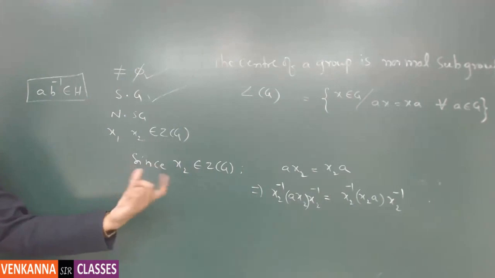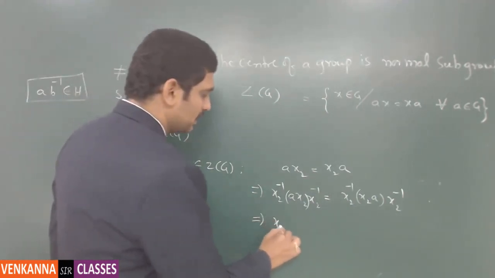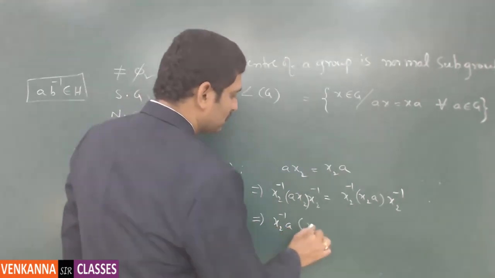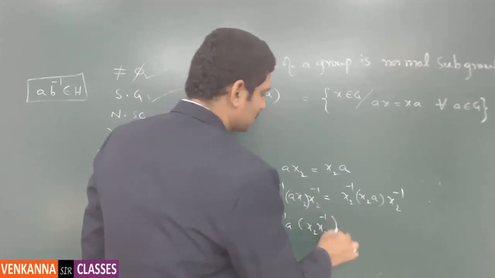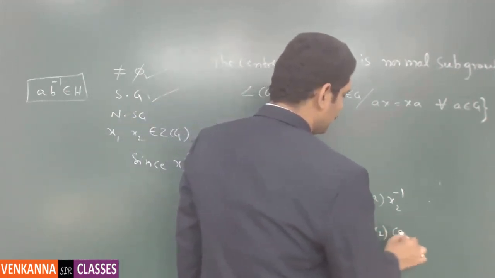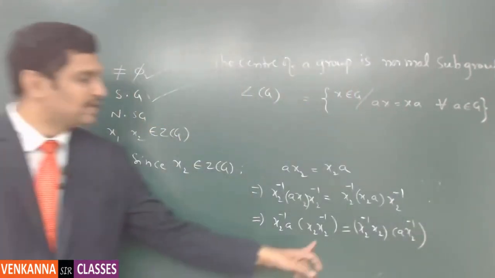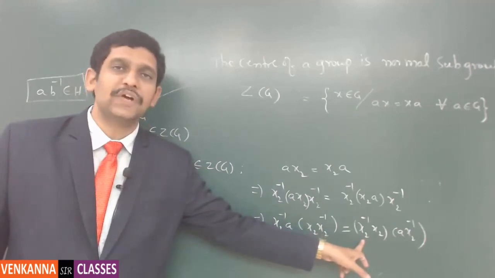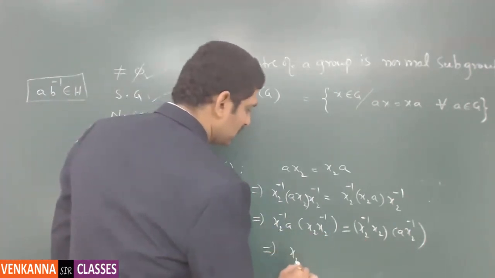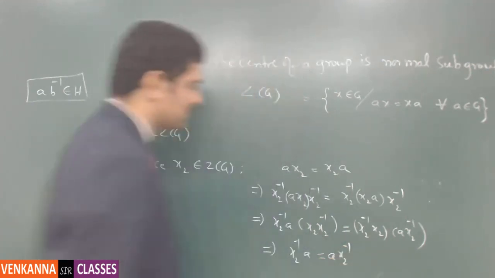Applying the associative law, it is x2 inverse a into x2 inverse is equal to x2 inverse x2 into a x2 inverse. So this value becomes identity, this value becomes identity, hence you can write it as x2 inverse a equal to a x2 inverse.